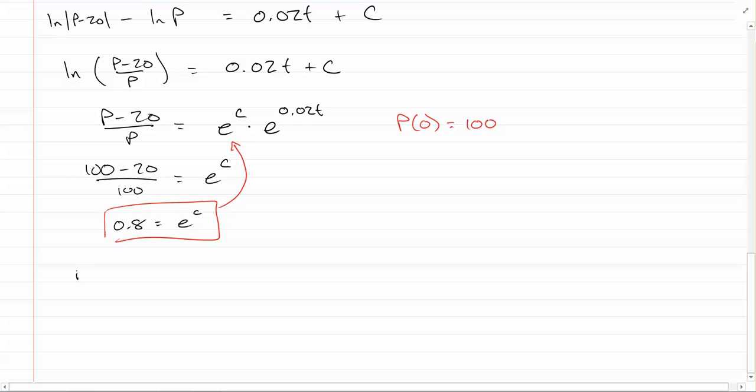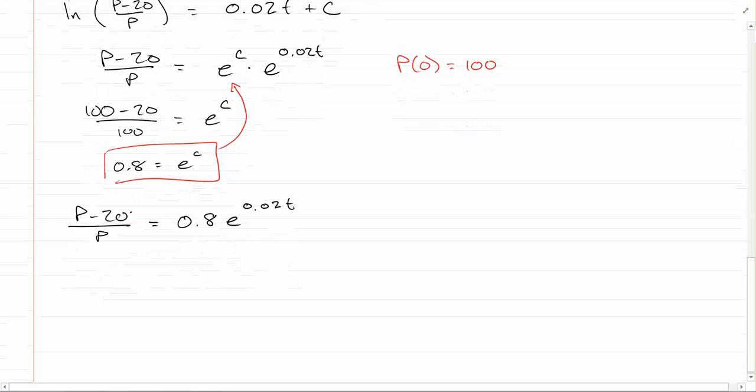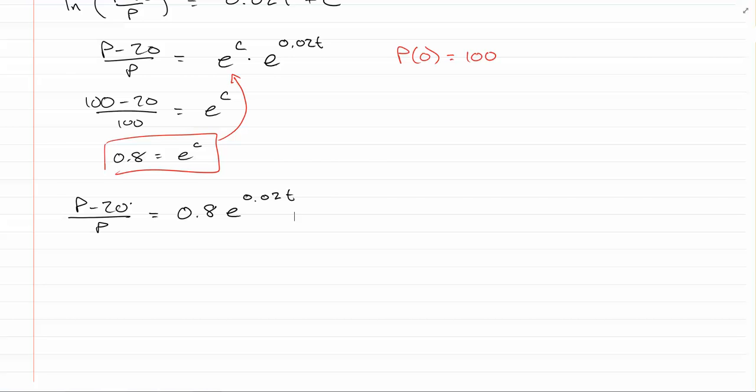So actually what we have is p minus 20 over p equals 0.8 times e to the 0.02t. Now I could get p by itself algebraically, but I don't really need to here because the problem was actually asking us to find a t so that p of t was 200.